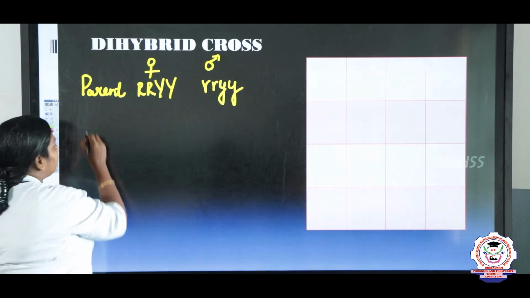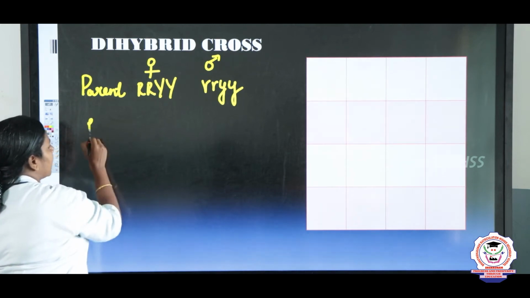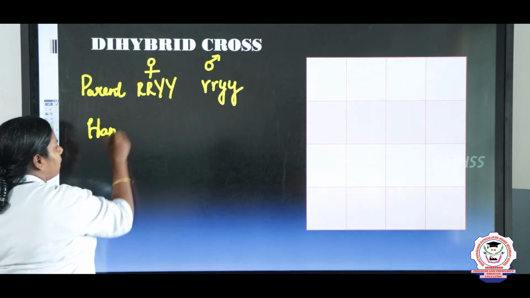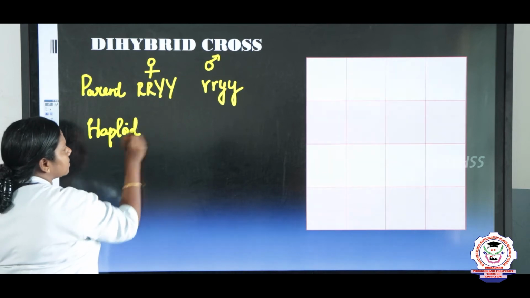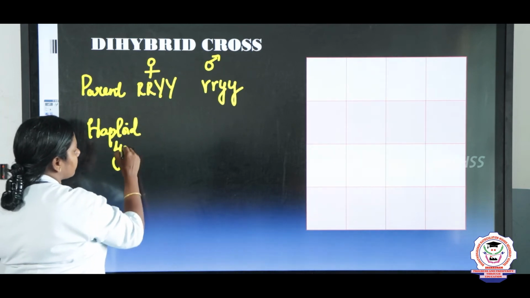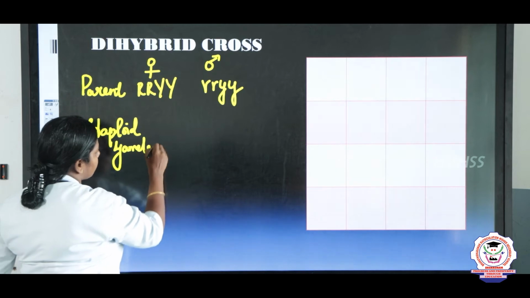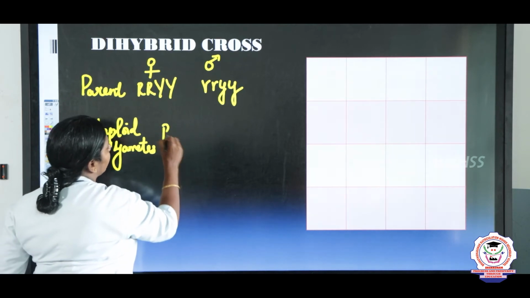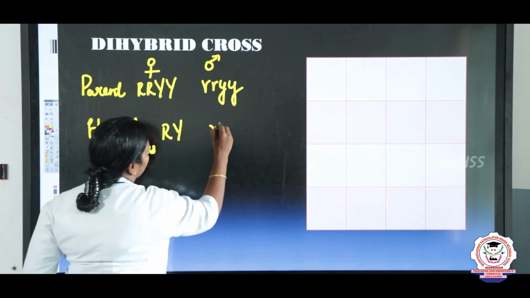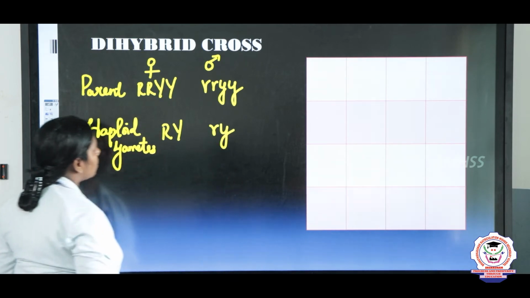So, what are the gametes produced? The gametes are haploid, right? Haploid gametes. Gametes are capital R, capital Y, small r, small y.